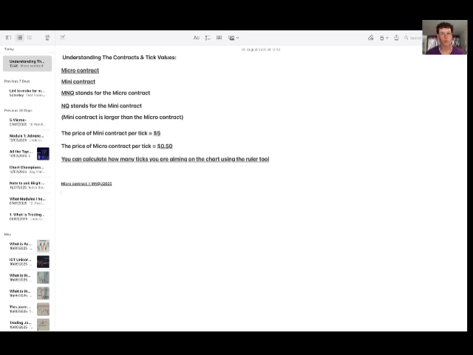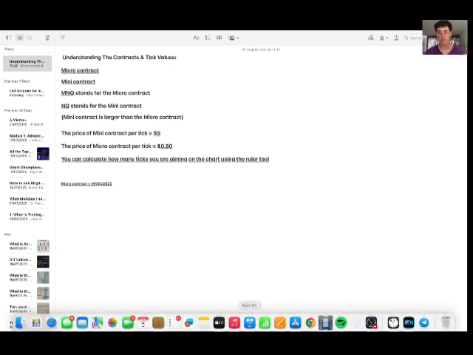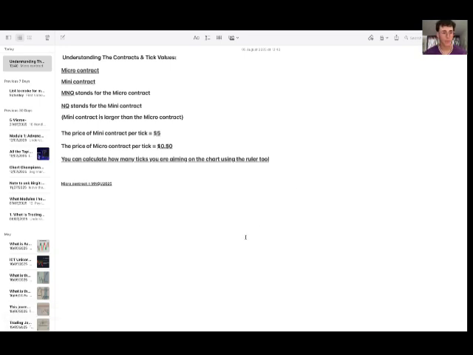If you are going to put 5 micros and you're going to aim for 100 ticks, 2.50 times 100. It's that simple, okay? And again, you can calculate how many ticks you are aiming for on the chart using the ruler tool, or if you put a short position, you can actually use the, I don't know what to call that thing.